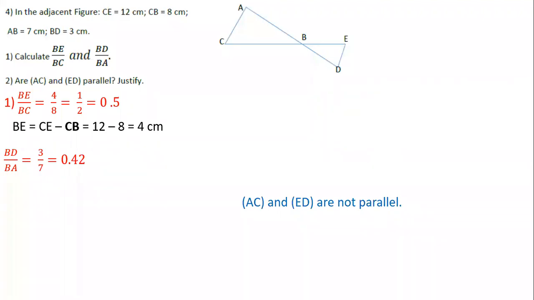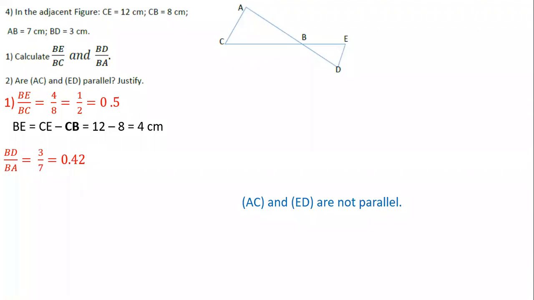So here, did we calculate ratios before or didn't we? We calculated ratios. Let us repeat the ratios that we calculated together. We calculated BE over BC and we calculated BD over BA. Are these two ratios equal to each other?